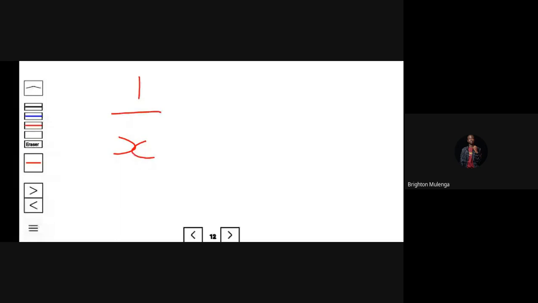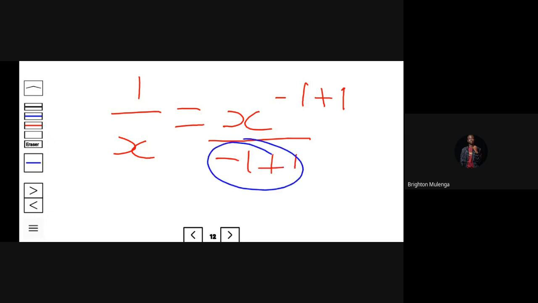When this goes on top, it is going to be x to the power negative 1, right? So according to the rules of integrating, you have to add a 1 there, and then you divide it by negative 1 plus 1, which is going to give you 0.